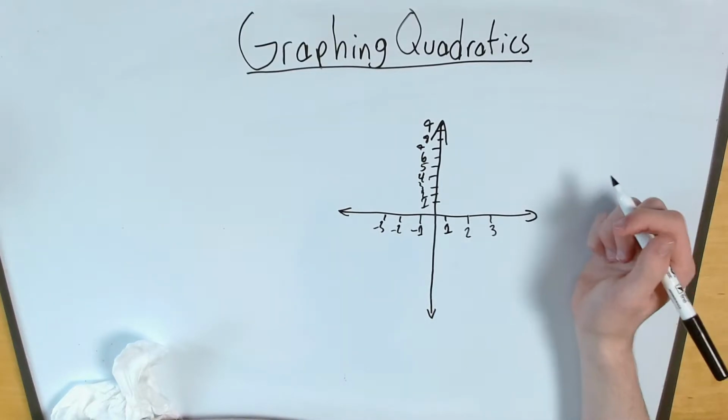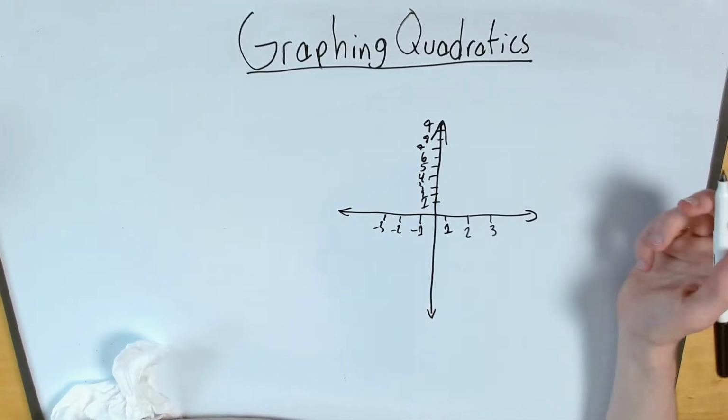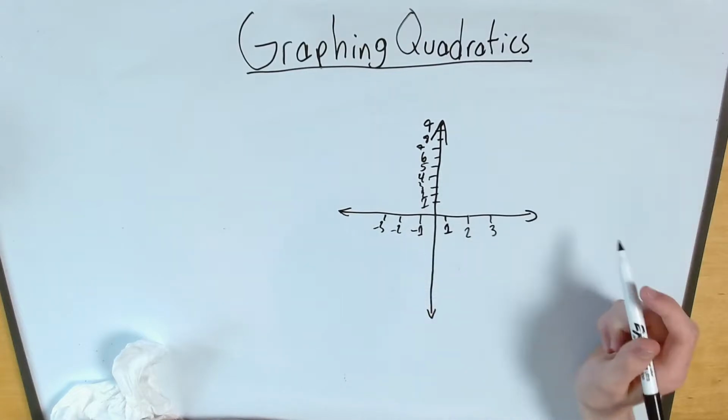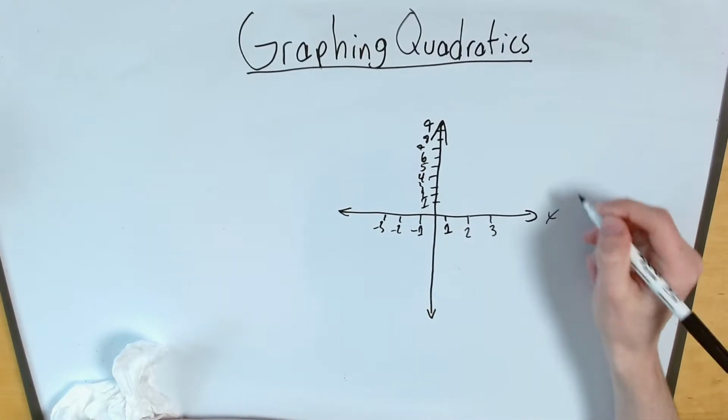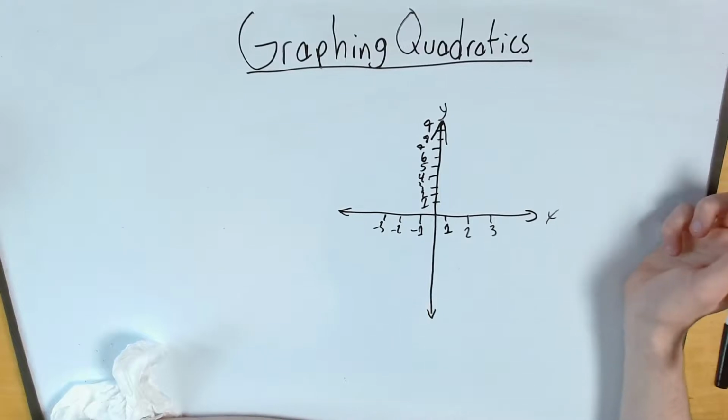Right? So when we're graphing, we use the coordinate plane. And we number that coordinate plane along the x and the y axis. Right?